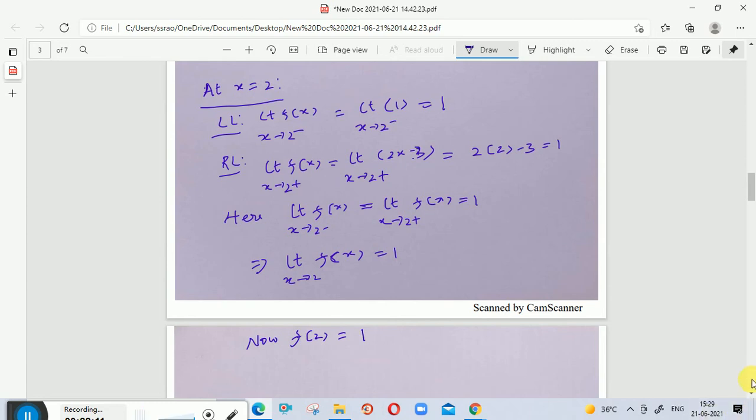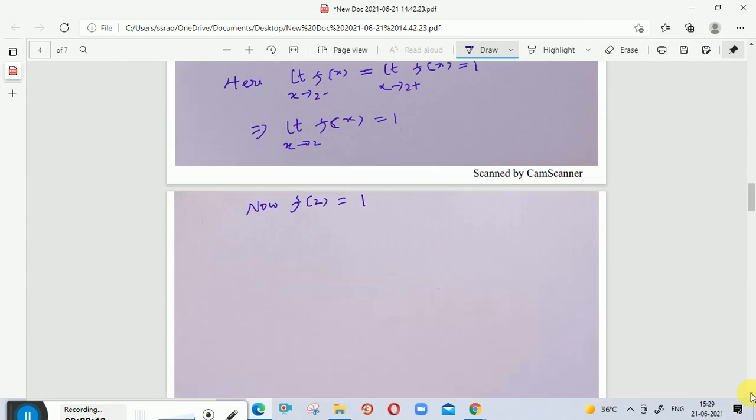Okay, therefore limit x tends to 2 f of x is equal to f of 2.